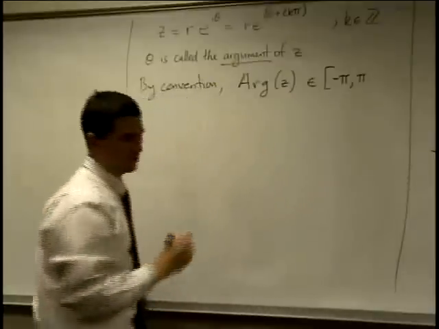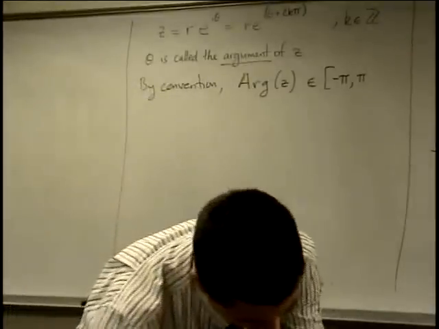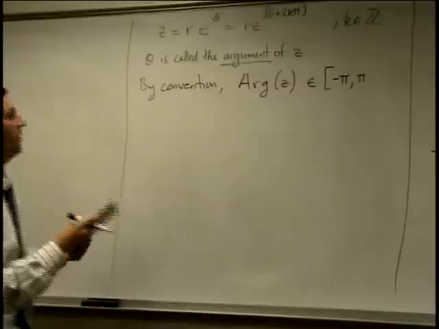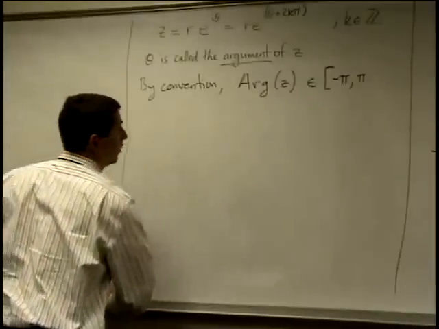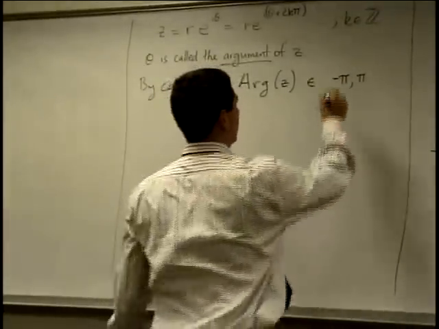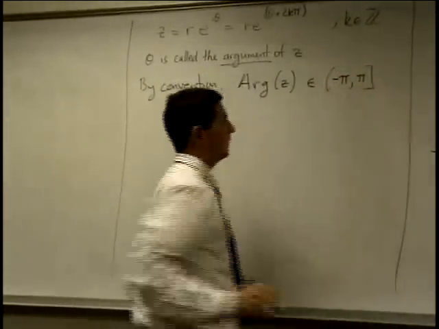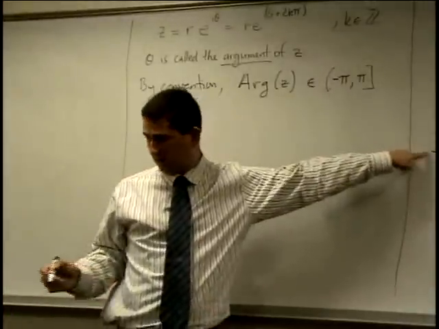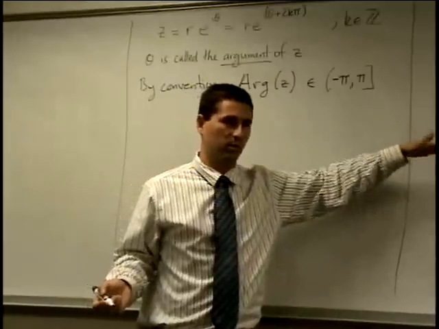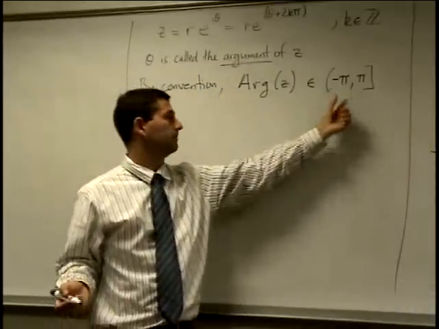And now let me see which way I want to. I think I'm going to not include the endpoint on the left. Pi and minus pi are actually the same, giving you the same point over here, so you have to choose which one you include.